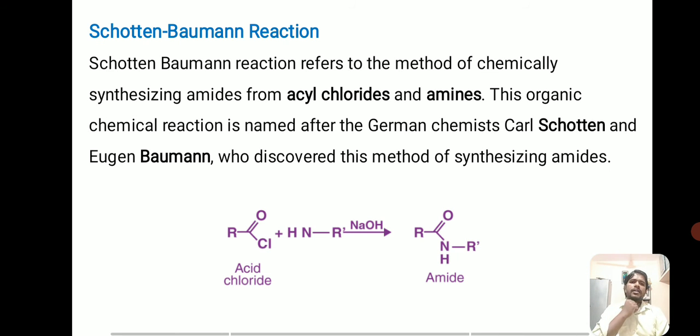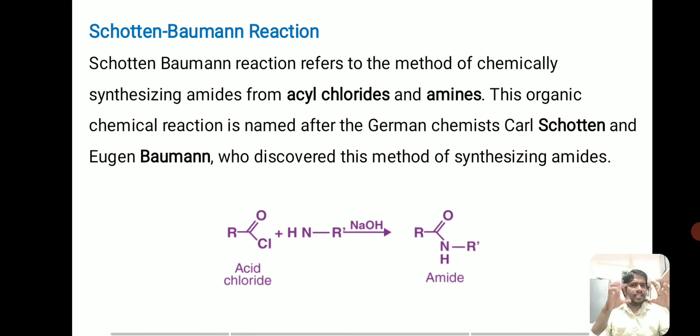The next reaction is the Schotten-Baumann reaction. This reaction refers to the method of chemically synthesizing amides from acyl chlorides, that is acid chlorides, and amines in the presence of a base, that is sodium hydroxide.